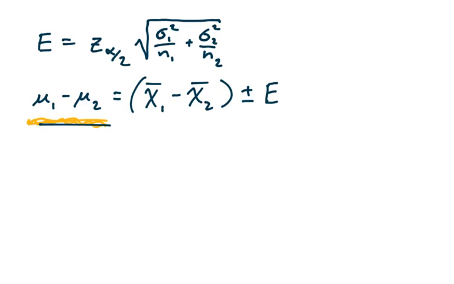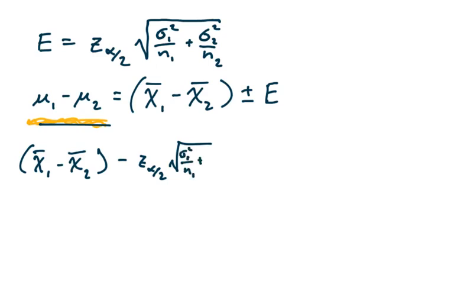That's a shorthand way of remembering this long formula that they've got: x1 bar minus x2 bar, because these are sample averages, minus our margin of error, which is z subscript alpha halves times the square root of this stuff. Yeah, it's a mess. And then that is where the difference in the means is going to be bounded.